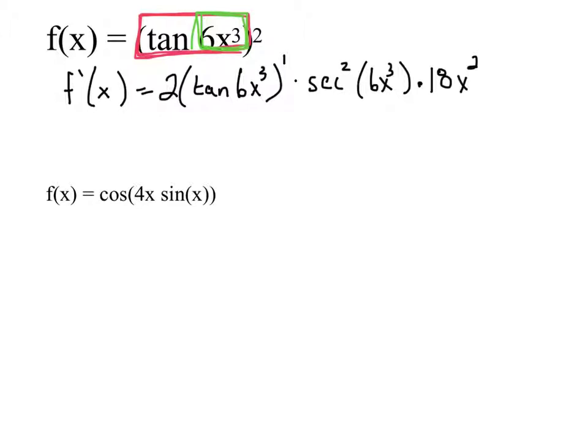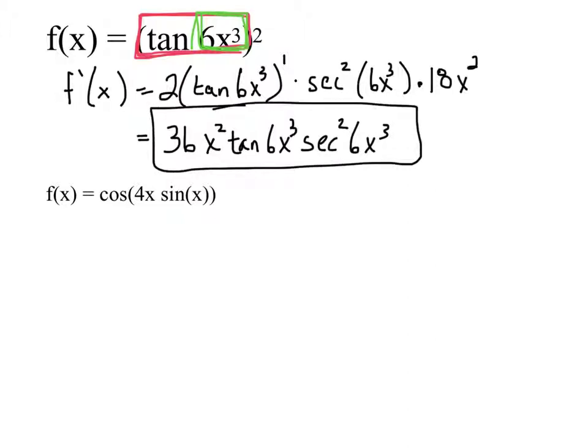So we end up having to do chain rule twice because we had 3 functions at work. We had a squaring component, we had a tangent component, and we had the cubic function on the very inside. Now we could clean this up a little bit. 2 multiplied by 18x squared is 36x squared. Tangent of 6x cubed multiplied by secant squared of 6x cubed, and this is our derivative.